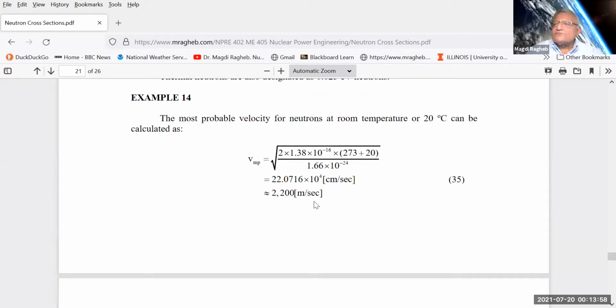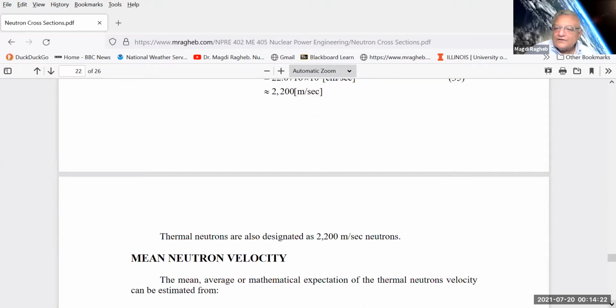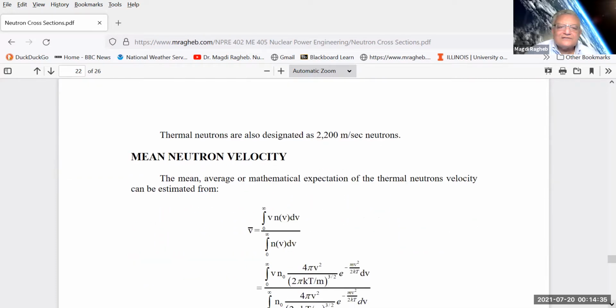So when you go to the chart of the nuclides and get the cross section, say for uranium or water or sodium or beryllium, they are listed under the cross sections for 2200 meter per second neutrons, meaning that they are for neutrons in thermal equilibrium in the moderating medium. So neutrons in thermal equilibrium, or kT neutrons, according to the Maxwell-Boltzmann distribution, are referred to as the 2200 meters per second neutrons. That's how they are listed in the chart of the nuclides.